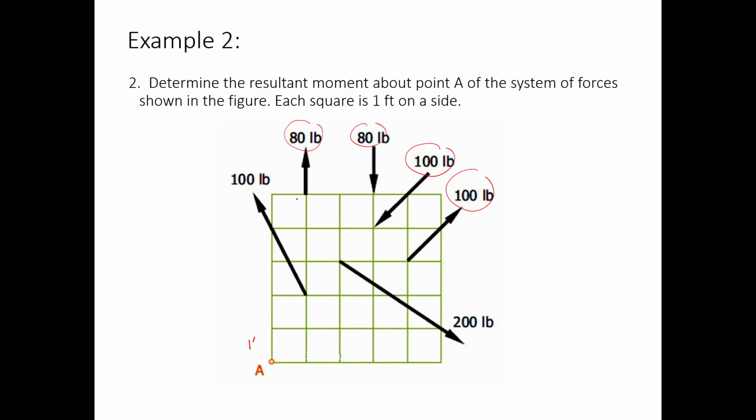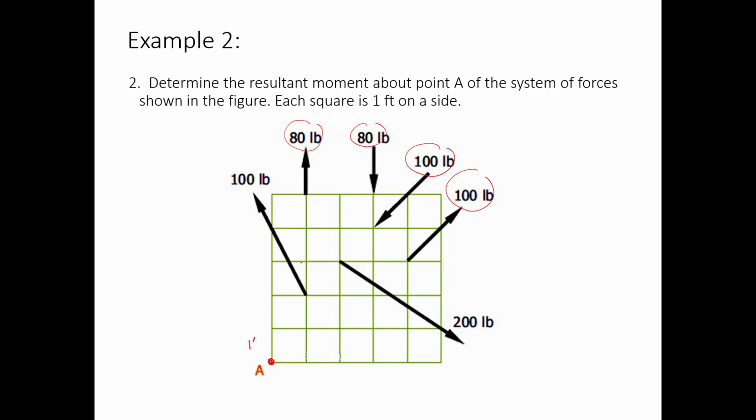So let's try to solve this one. Since we're going to take the resultant moment about point A, I think this is the same concept as the previous topic. Since we have diagonals here, the 100-pound force is not a couple with the 200-pound force.